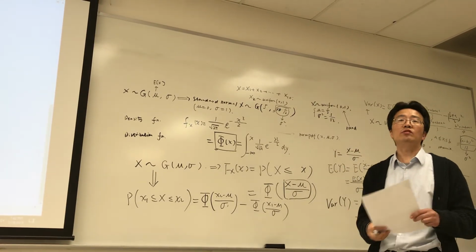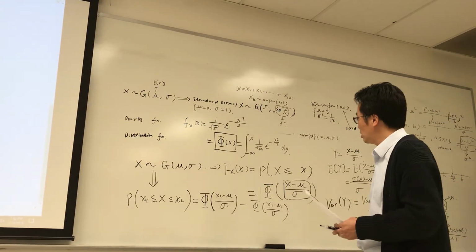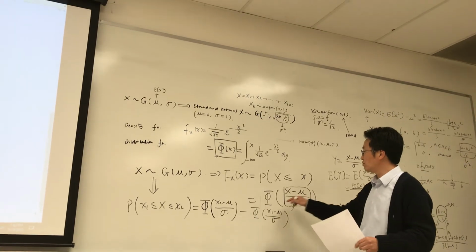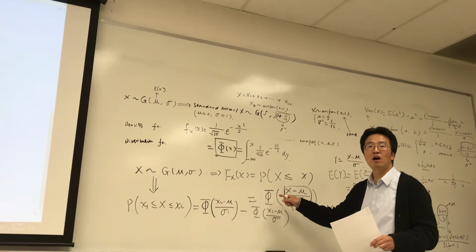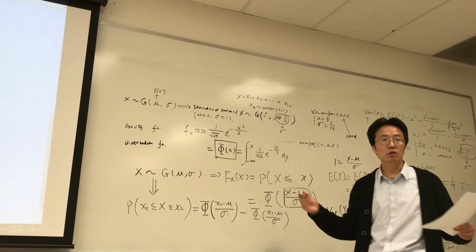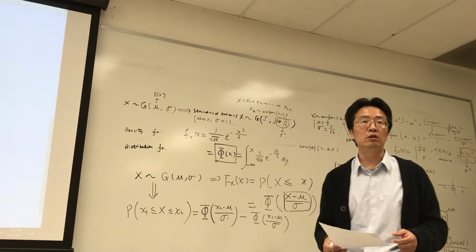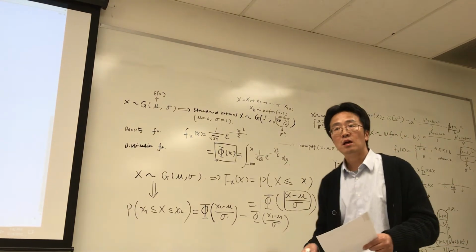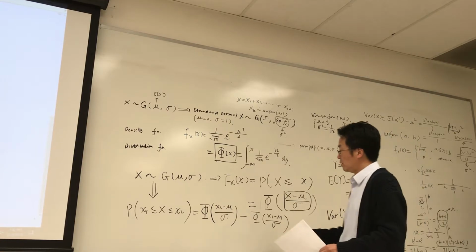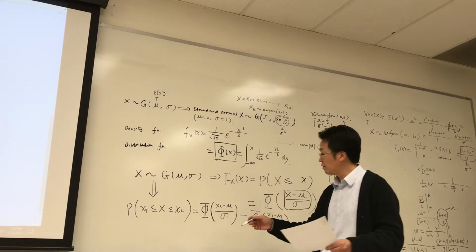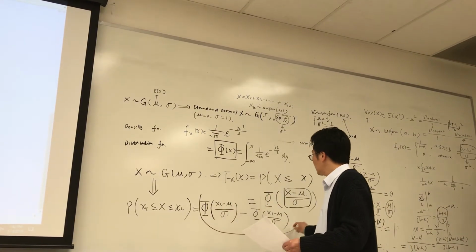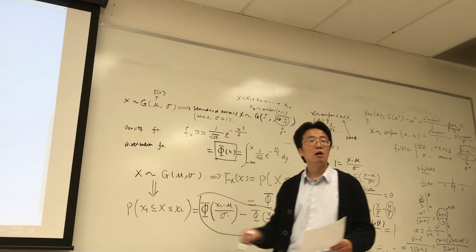Obviously, I'm not going to ask you to provide the actual value for this function, because you're not allowed to use a calculator in the test. But I'm going to ask you to represent your probability solution using this type of format.